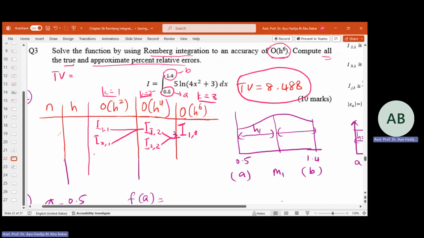To get I22, you need I31 and I41. Correct? You need I41? No need, right? How to get I22? I21, I31, right? So I21 and I31, you will get I22. So you don't need this I41.